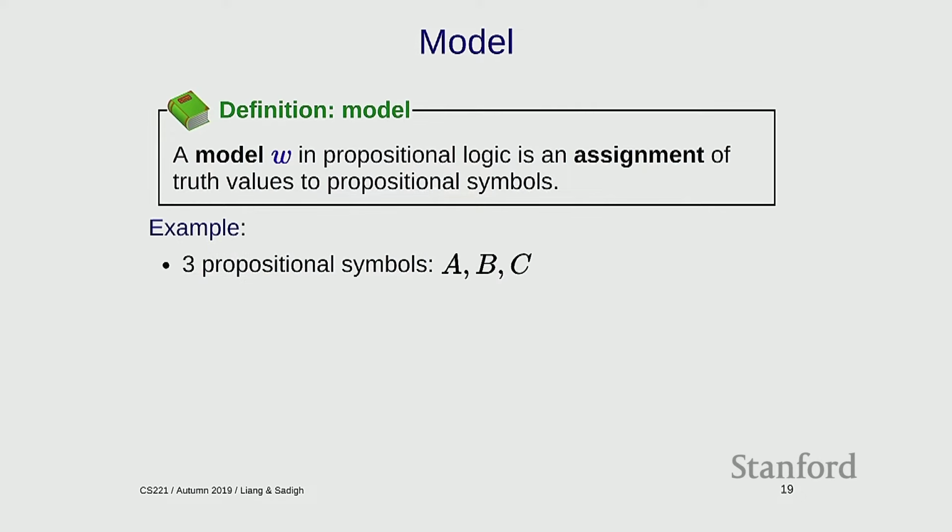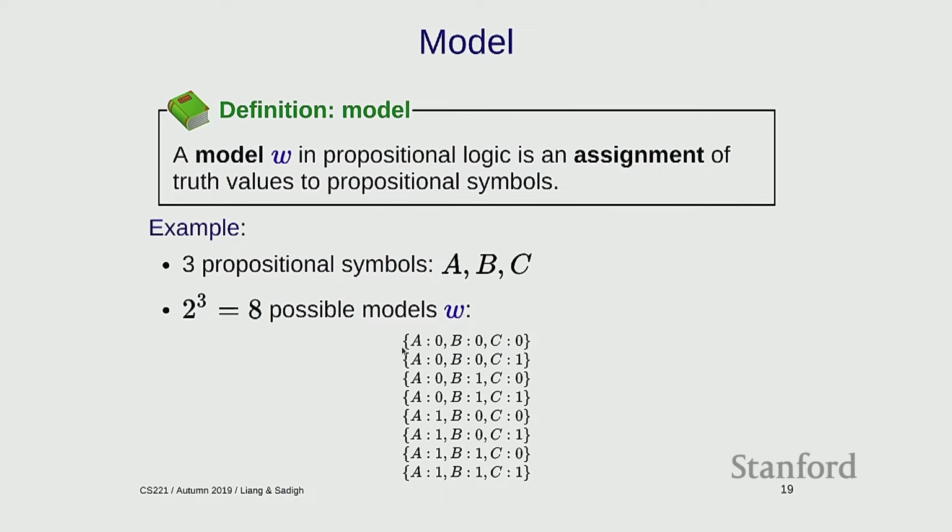If you have 3 propositional symbols, then there are 8 possible models. A is 1, B is 0, C is 0, for example. These are just complete assignments like we saw from factor graphs, but now in this new kind of language. That's the first concept.